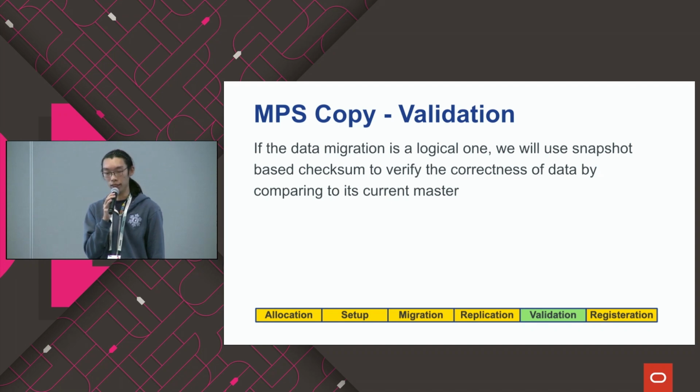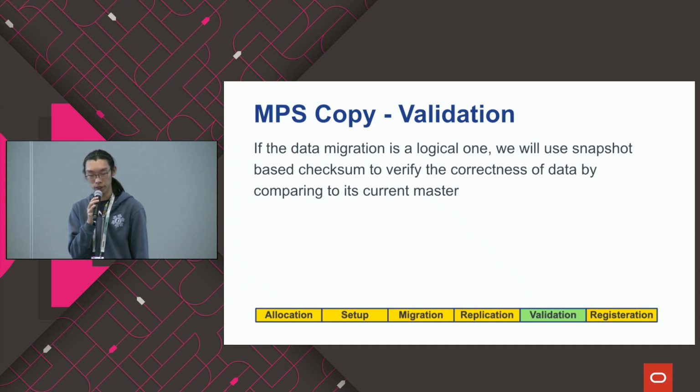In this stage, we'll use a checksum-based mechanism to compare the results of the checksum sequence between the current master and the new instance, to make sure the data is identical between those two instances before putting them into the production environment.